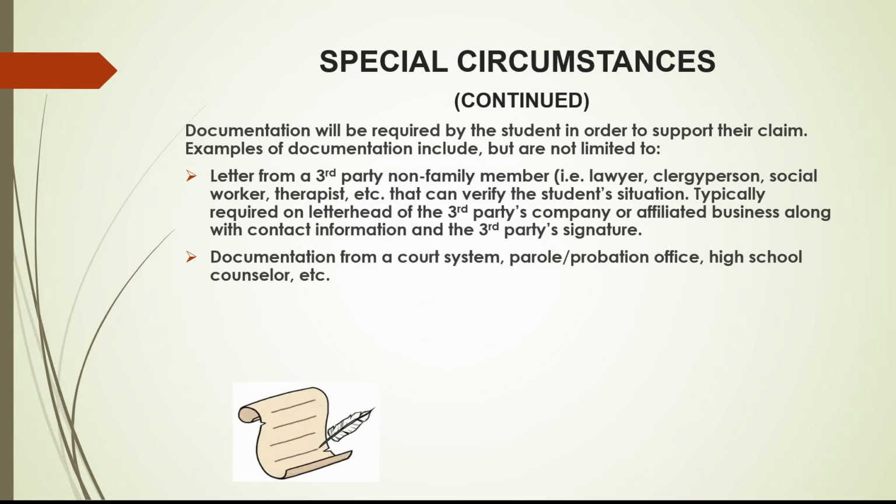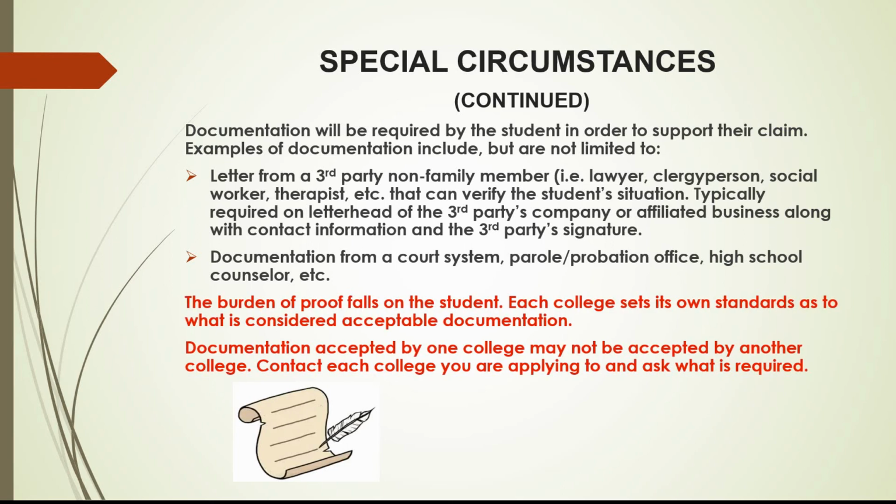You can also get documentation from a court system or a parole or probation officer or a high school counselor. So in situations where maybe there was domestic violence or abuse going on in the household, if law enforcement was involved, if you have documentation that proves that you shouldn't be around your parents for any reason, you can submit that documentation as well.